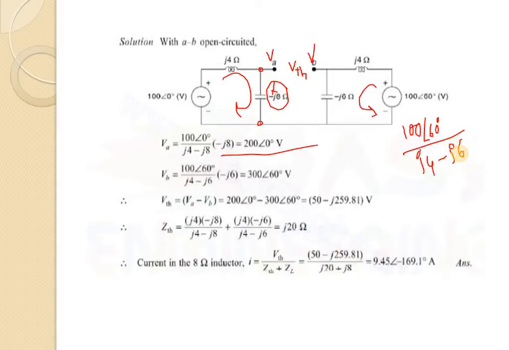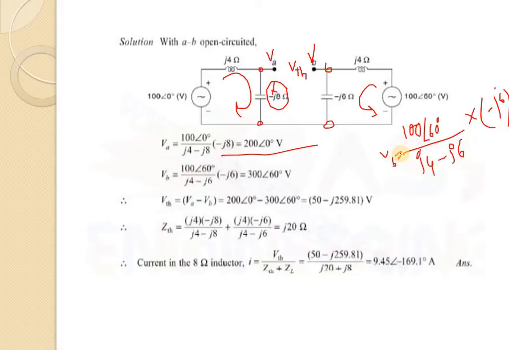This is the amount of current flowing through here. Now for calculating the voltage across this, we have to multiply this with the impedance, that is the XL value minus j6. That will be our actual voltage VB. Similar way of calculating as VA.